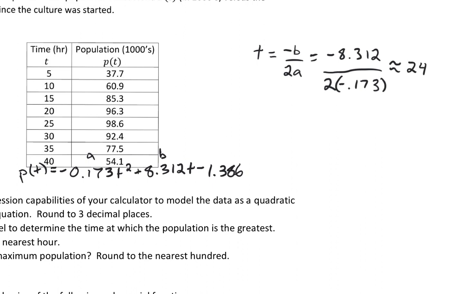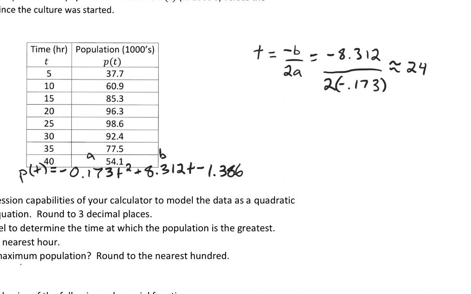So for part C, it asks us what the maximum population is. So what we found in part B is the time at which the population is the greatest. So all we need to do with that is take that time value of 24 and plug that in to our P of t equation.